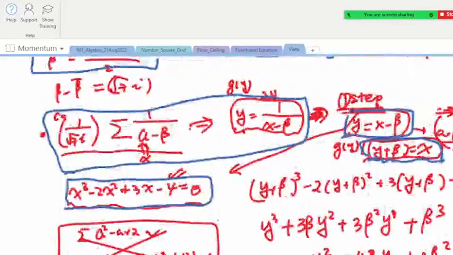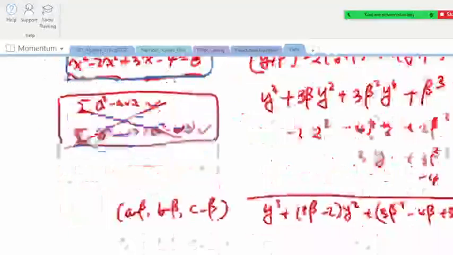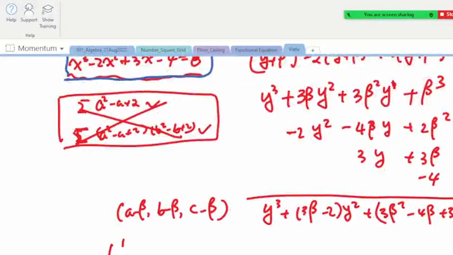So now we find the polynomial with the roots of a minus beta, b minus beta, c minus beta. But what do we want? We want the reciprocal, right? We want 1 over a minus beta, 1 over b minus beta and 1 over c minus beta.